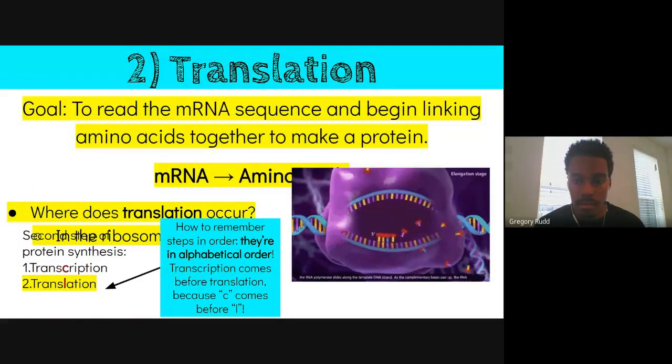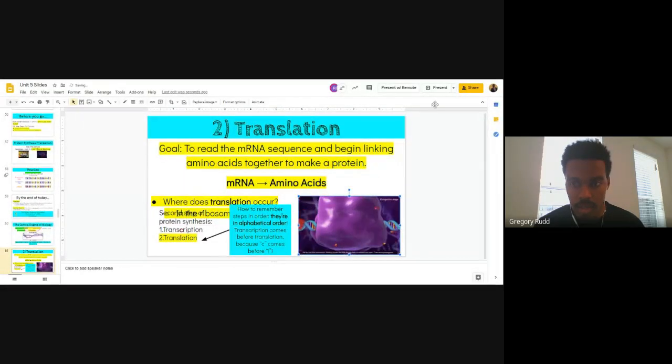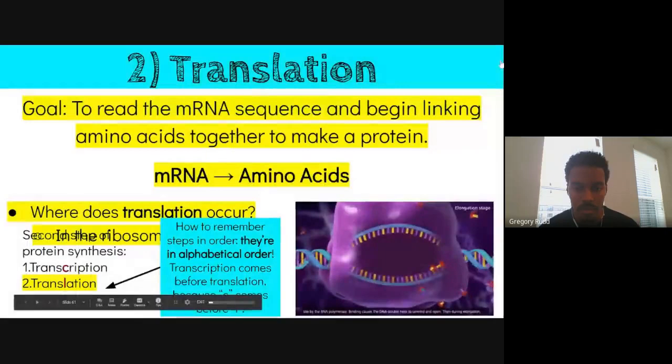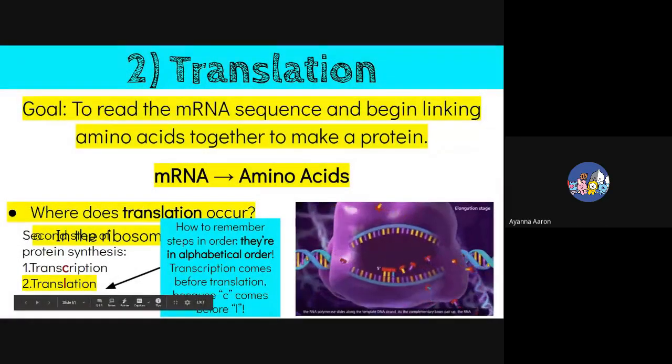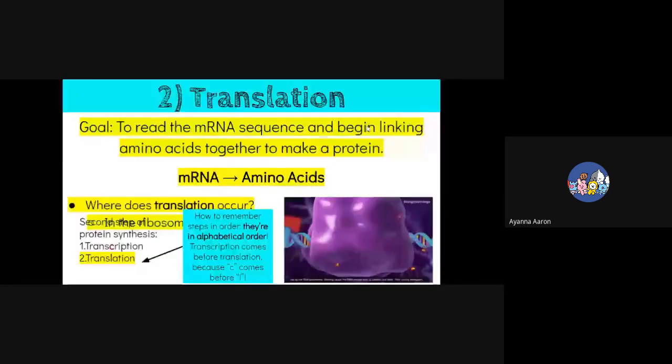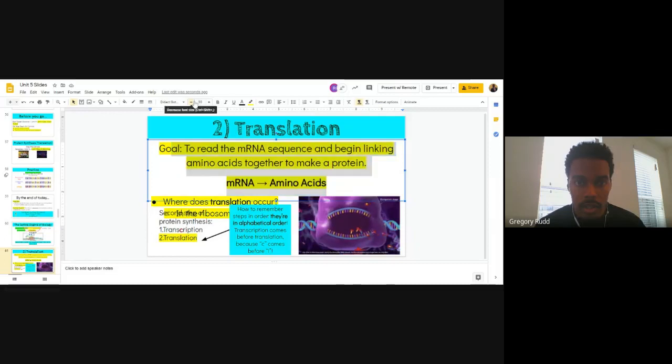This is all messed up. Oh my gosh. What does that say? I'm trying to read it, but there's a whole bunch of words in the way. Yeah, give me 1 second.